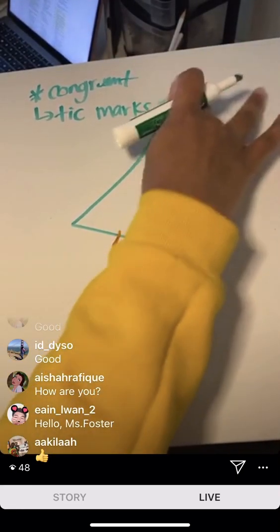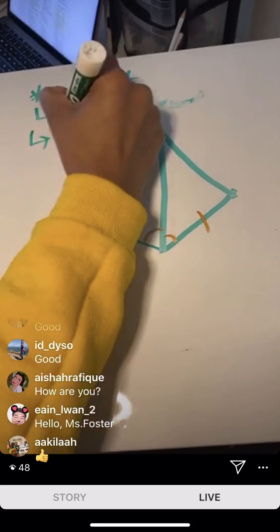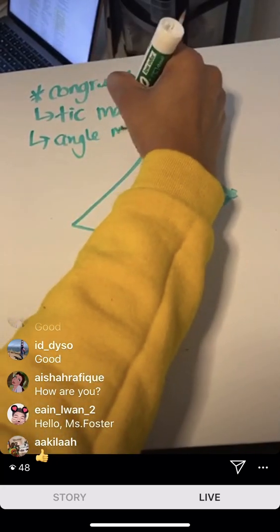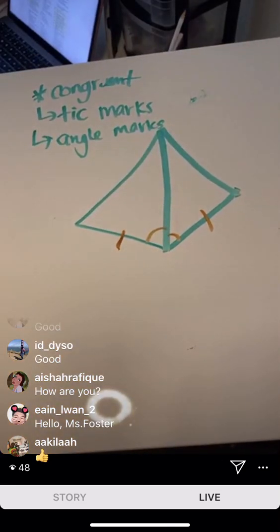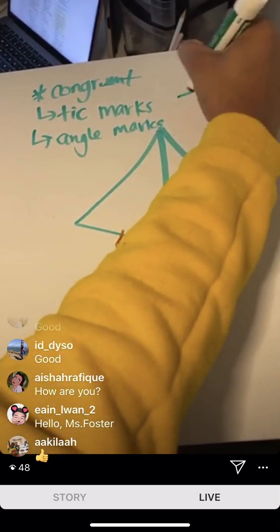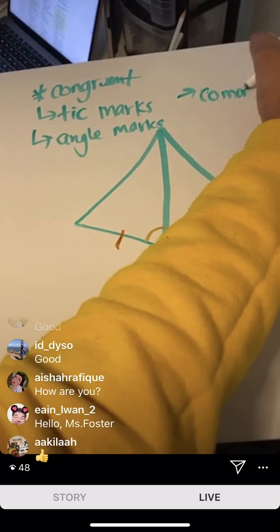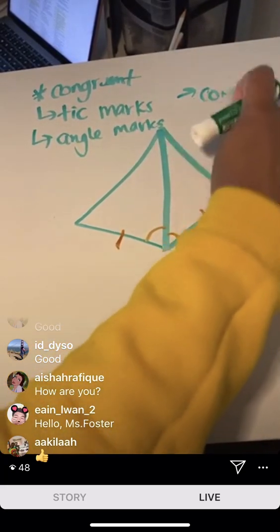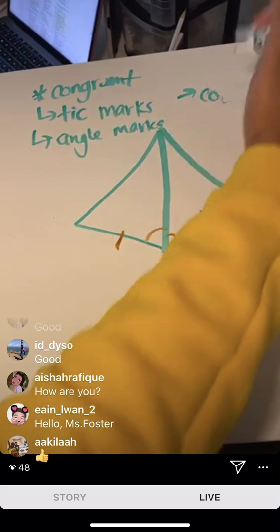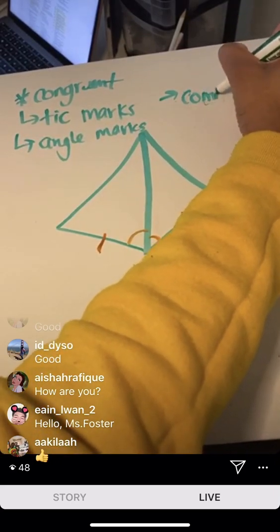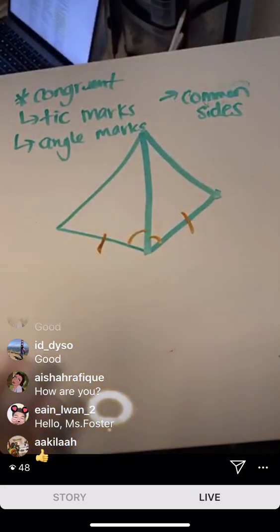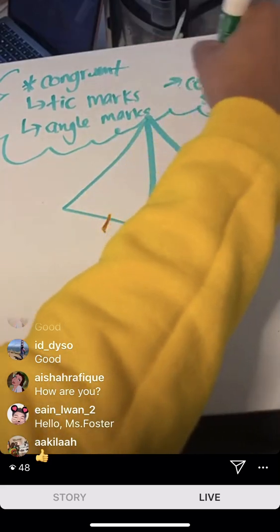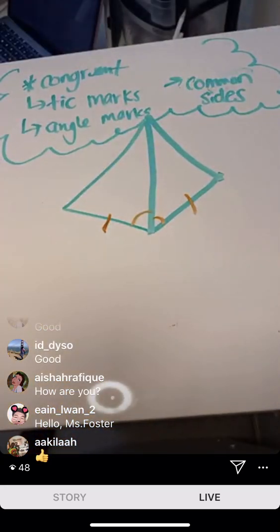You also need to look for angle marks, those are the little curves. And then you need to look for things that have common sides. So those are the things that we're looking for when things are congruent.